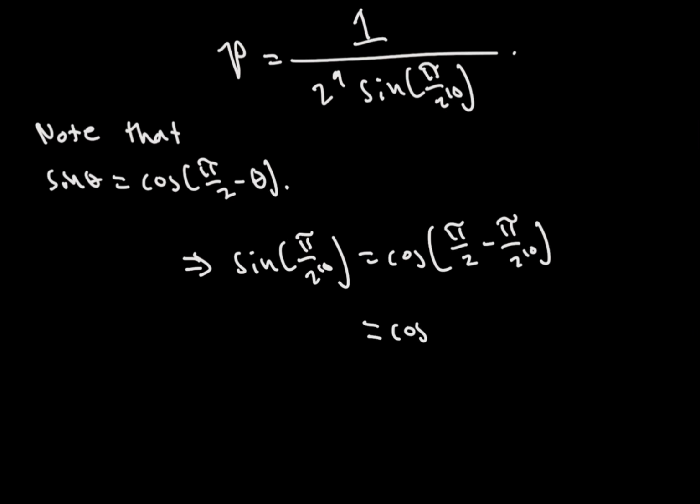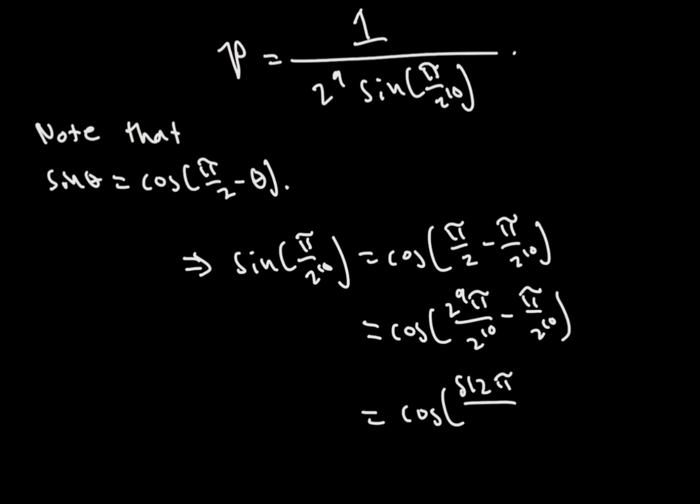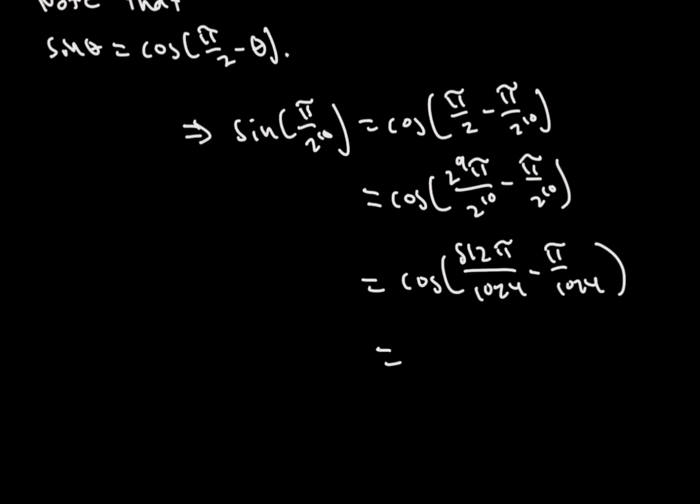We're going to get the cosine of 2 to the 9th pi over 2 to the 10th minus pi over 2 to the 10th. This is equal to the cosine of 512 pi over 1024 minus pi over 1024, which equals cosine of 511 pi over 1024.